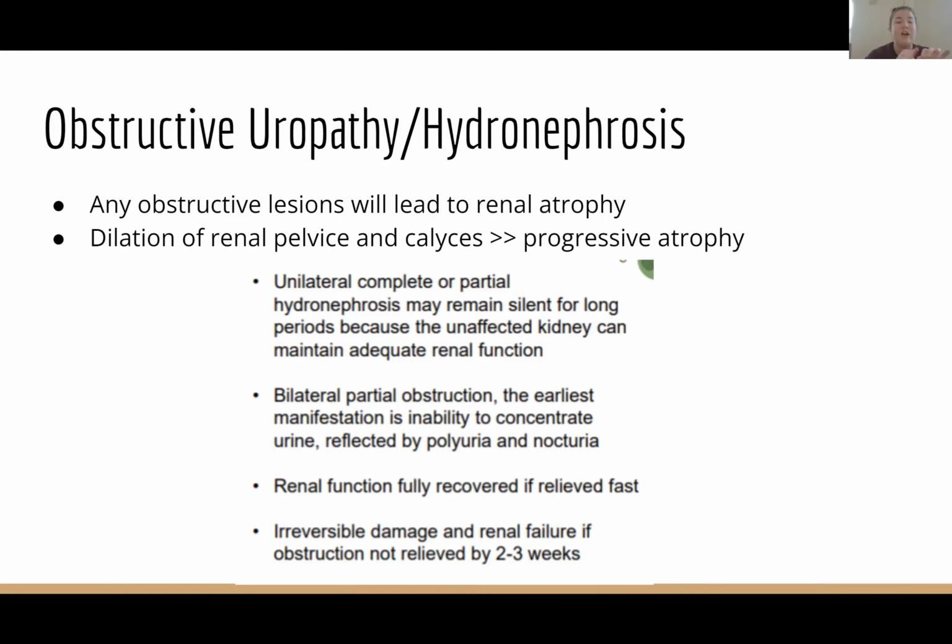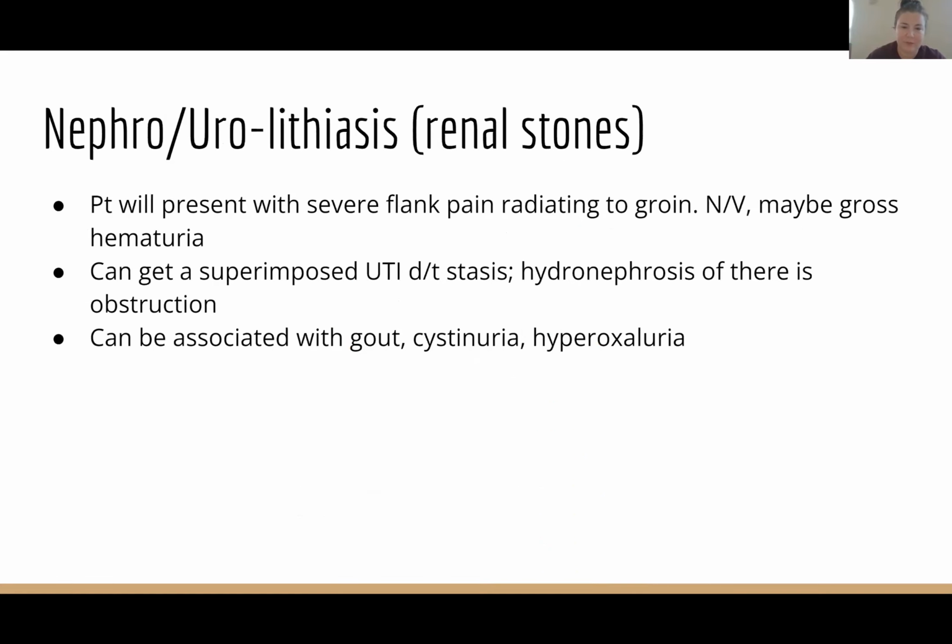Past the obstruction, you're getting the dilation because it's filled with fluid, and so they're getting progressive atrophy because at that point you then have a non-functional kidney. So it can be unilateral, complete, or partial. It can also be bilateral. If you catch it, renal function can be restored.